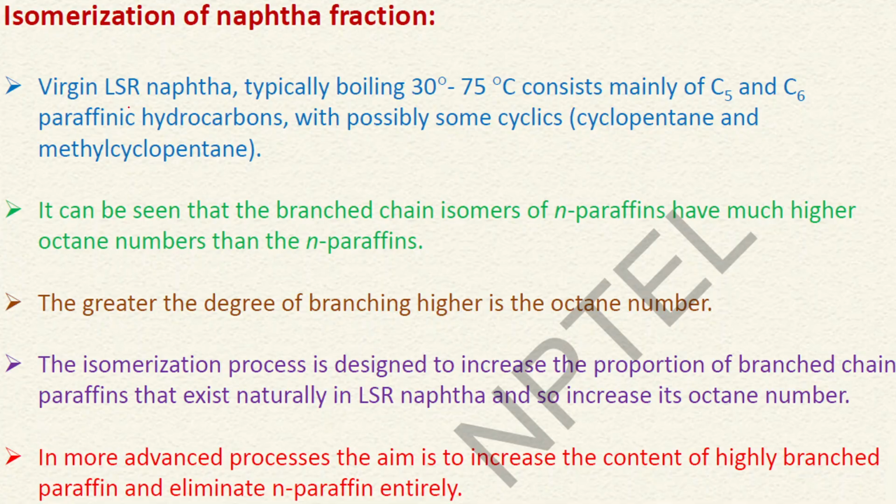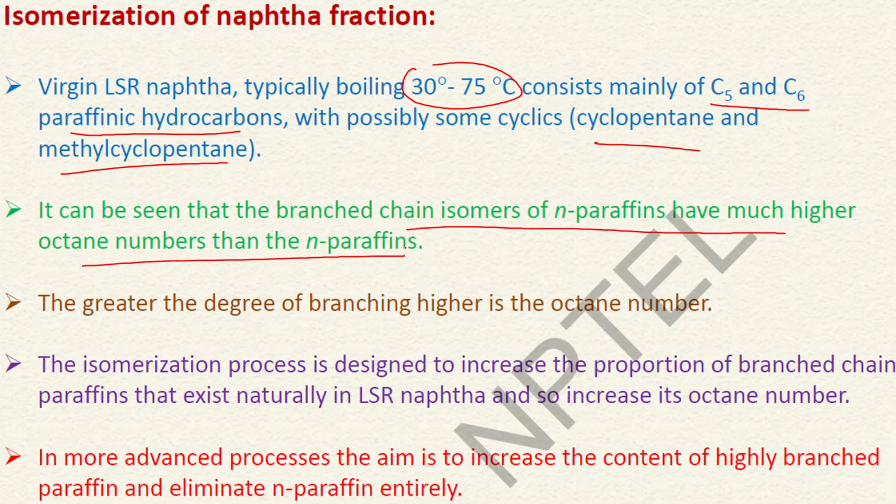Virgin light straight run naphtha, which typically boils in the range of 30 to 75 degrees, consisting of C5 to C7 paraffinic hydrocarbons with sometimes cyclic structures like cyclopentane or methylcyclopentane, is used as the feed. It can be seen that the branched chain isomers of N-paraffins have much higher octane number than the N-paraffins.